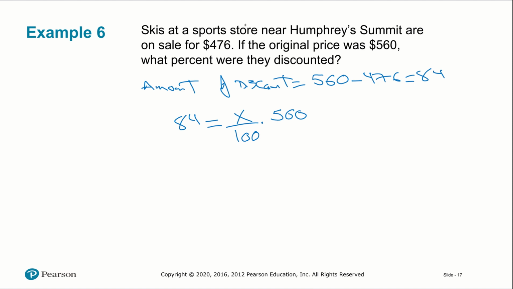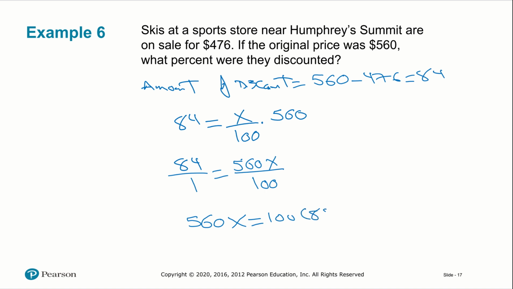Now I am going to turn this into a proportion. 84 over 560 equals x over 100. Cross multiply, so we get 560x equals 100 times 84. Now all we have to do is divide both sides by 560. These cancel out, so we get x equals, now we're just going to compute.